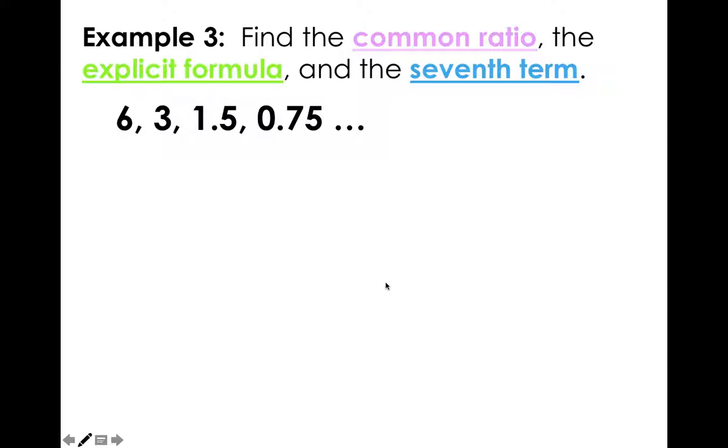Let's look at this example. This example says that we want to find the common ratio, the explicit formula, and the 7th term. So remember, in order to find the common ratio, we take the second term, which in this case would be our 3, and divide it by the first term, which is 6.